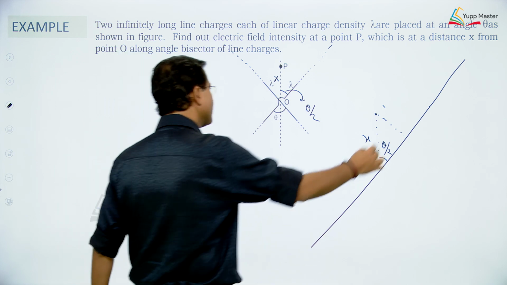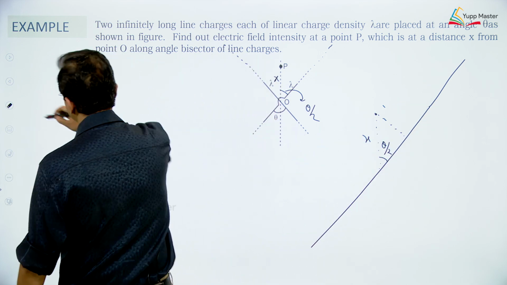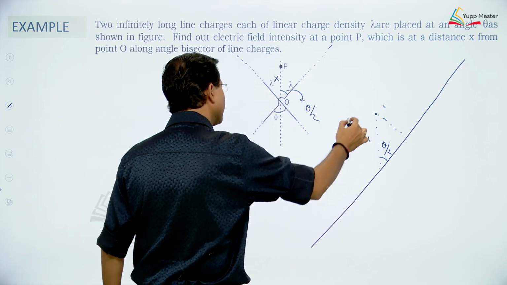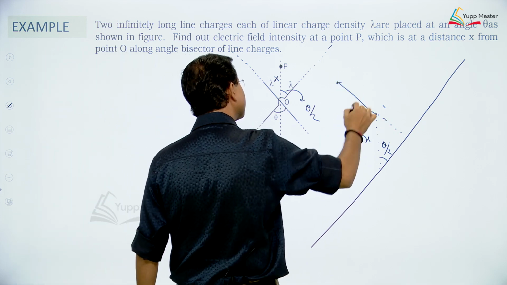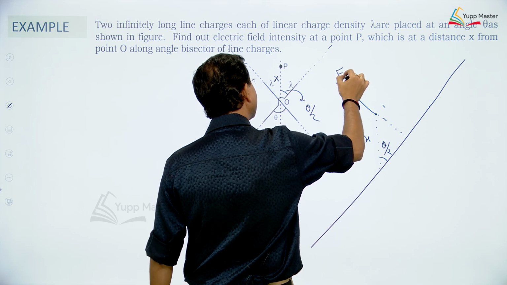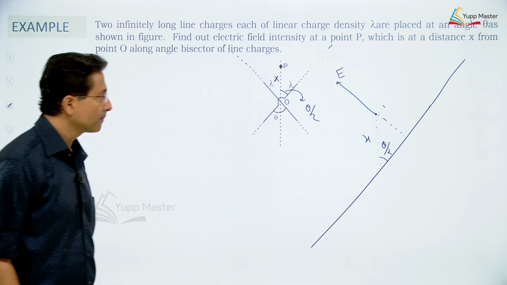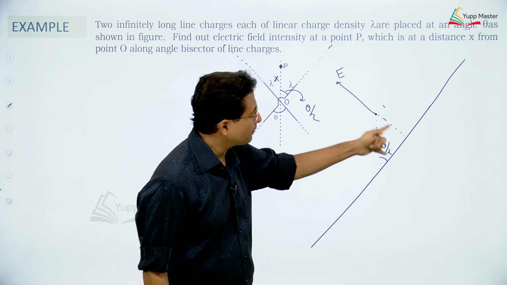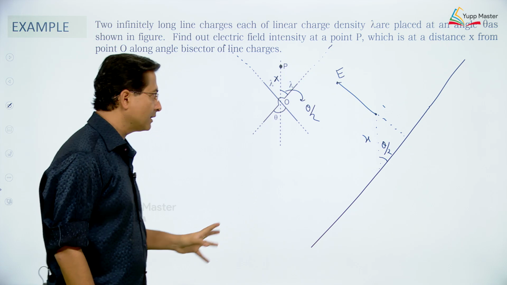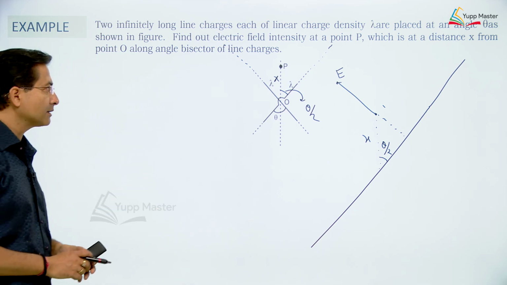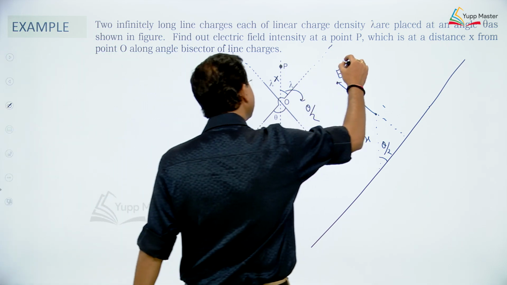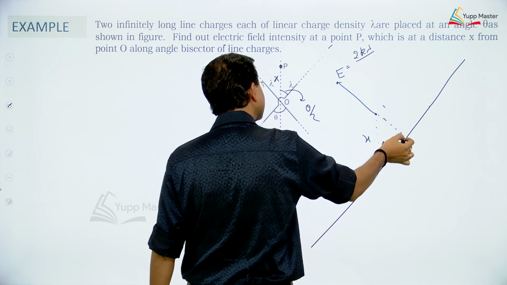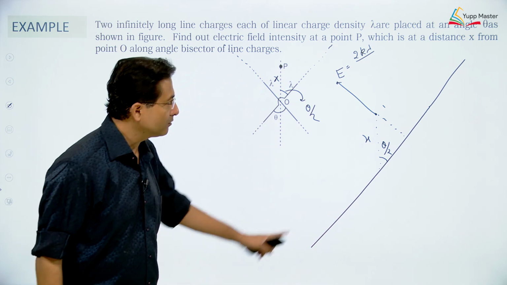So because of this wire, at this particular point the field will be like this. Let us call it the field produced by the first segment. The component parallel to the wire will be 0, and the component perpendicular to the wire, as it is a positive charge distribution, will be away from the distribution, and the value will be 2k lambda divided by this perpendicular distance.